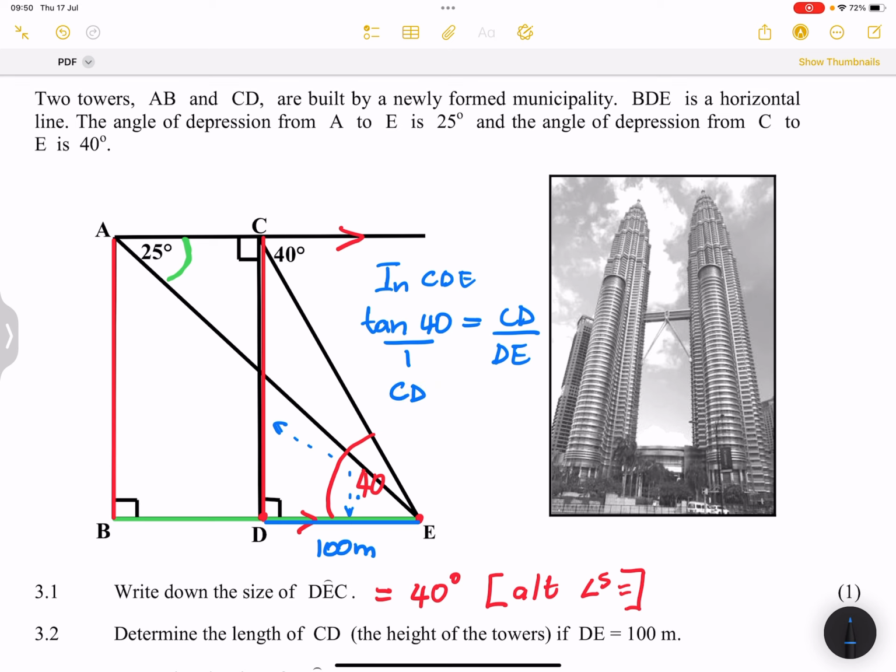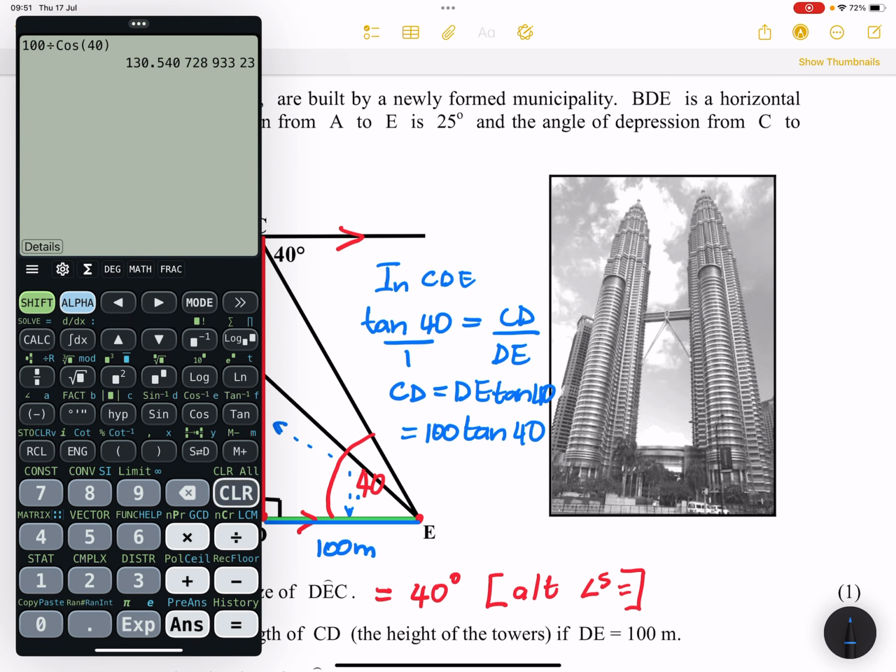That means CD will be equal to DE times the tan of 40. DE is 100, so that's 100 multiplied by the tan of 40 degrees, and that gives me 83.91 meters.